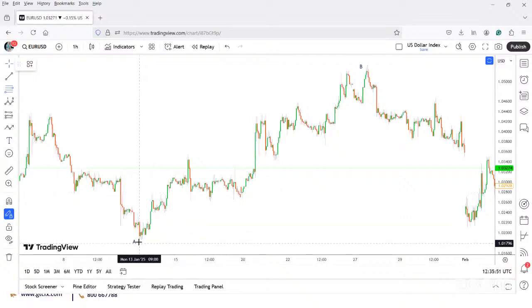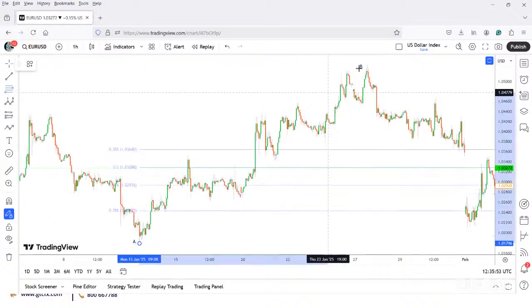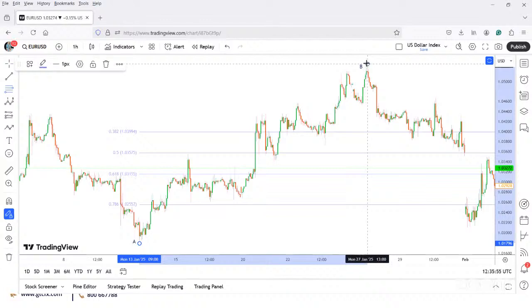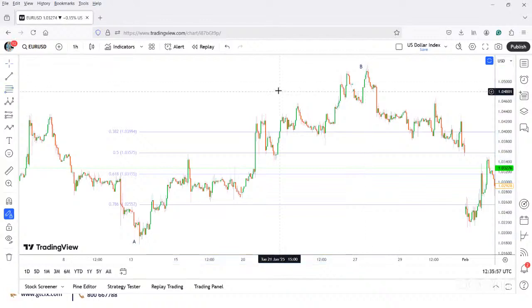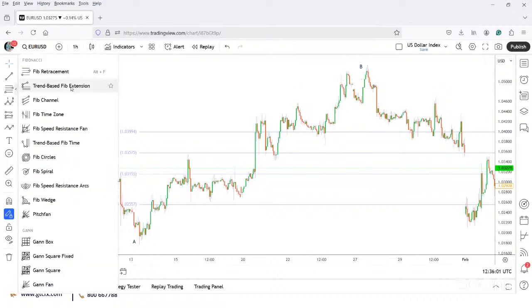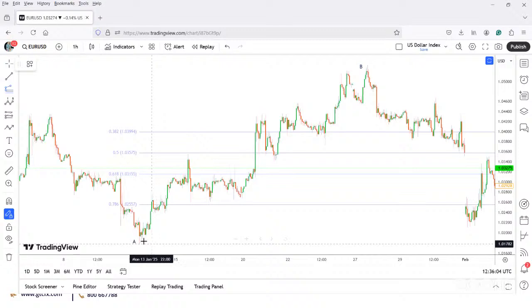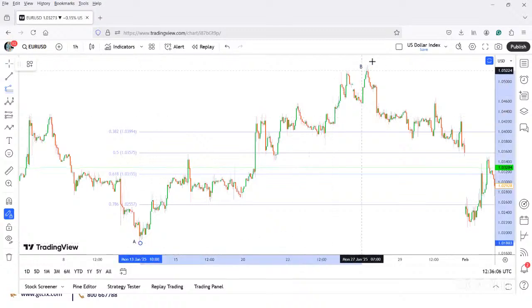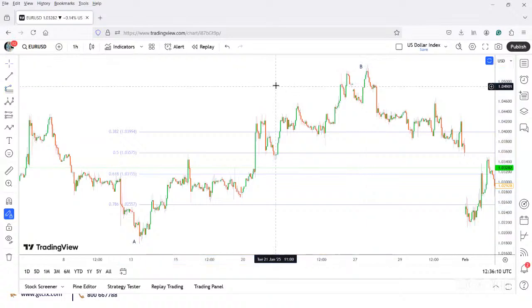So for retracements, first click A, second click B, release. For targets, take Fibonacci extension, first click A, second click B, third click B. Clear? All right.